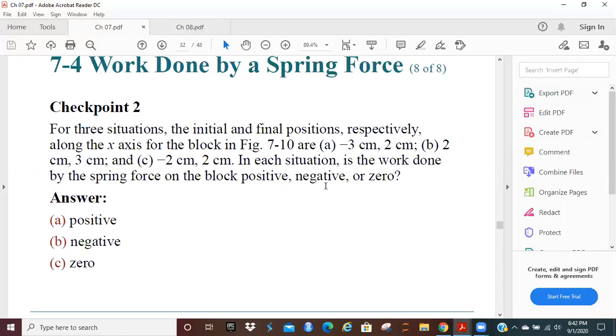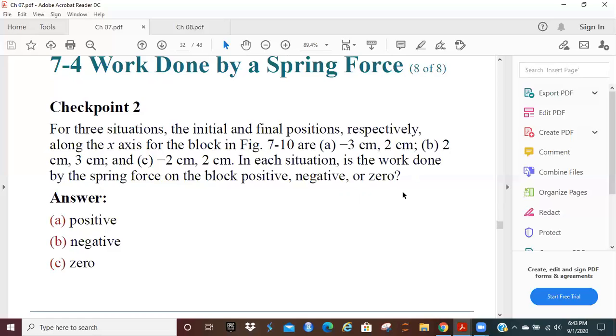In each situation is the work done by the spring force on the block positive, negative, or 0? What you have to look for here is whether the block is closer to its equilibrium position after it was moved, or is it further away? If the block is closer, then the work done by the spring force is going to be considered positive. If, however, the block is further away, then the work done by the spring force is going to be considered negative.